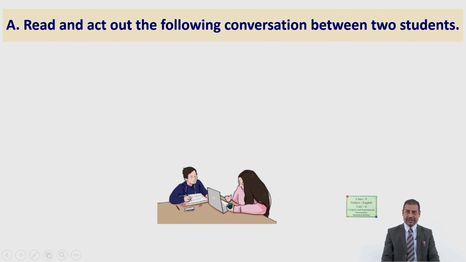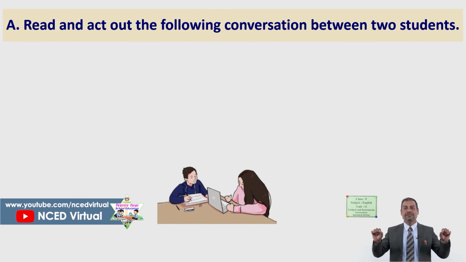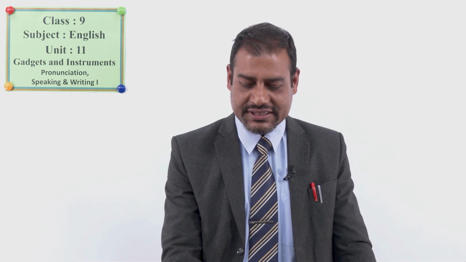You can see in the picture there are two students. How many students are there? Two students, and they are going to talk. Now, what is their talk? You just listen to them and try to guess what we are going to learn today under speaking skill. Is it okay? Good. Now, let me show you the conversation.